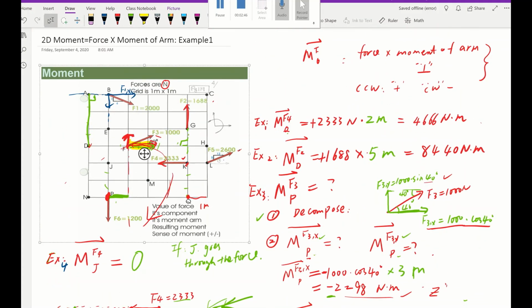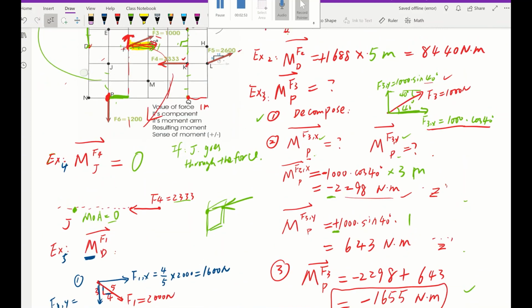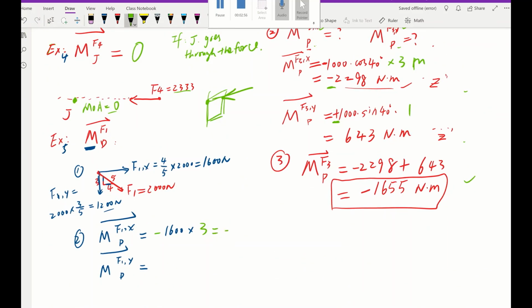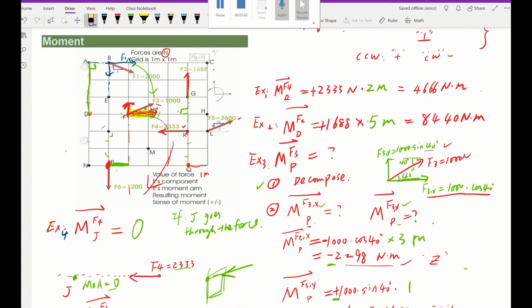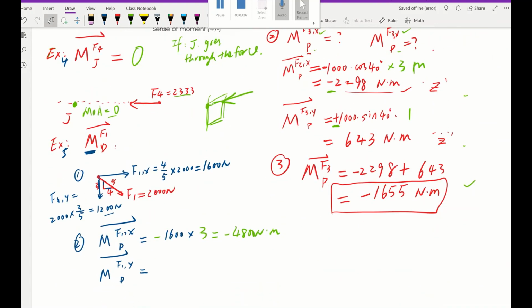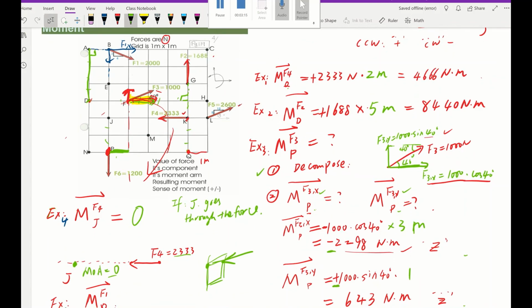And your D is right here. You're rotating around D. What rotation is that? That's clockwise, so that's going to be negative. So negative 4800 Newton meter. Now let's look at Y direction. Y direction, we already know it's 1200. And how about the moment arm? The moment arm is going to be from D perpendicular to the Y direction.